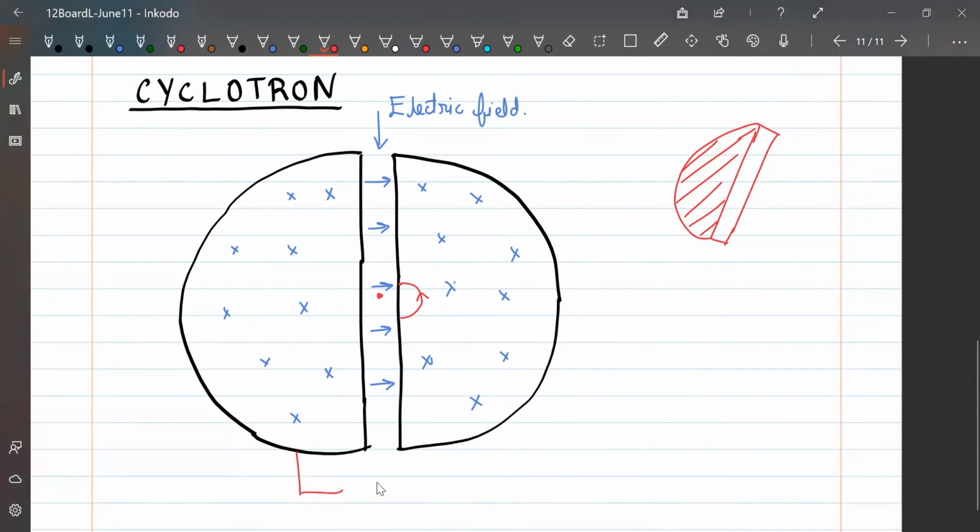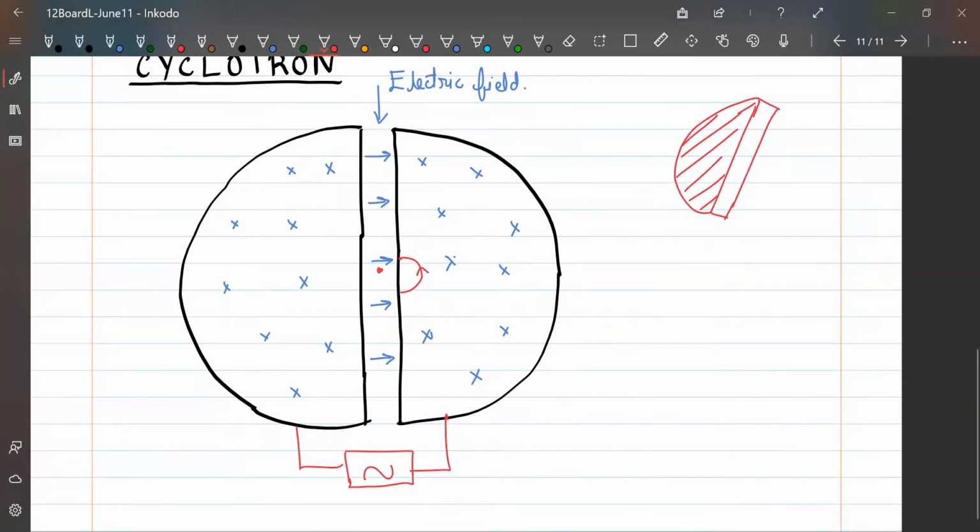That is done by an external device called an oscillator, which can change the direction of the electric field very quickly. Just as the charged particle emerges from here, the direction of the electric field is reversed, so the charged particle now accelerates.